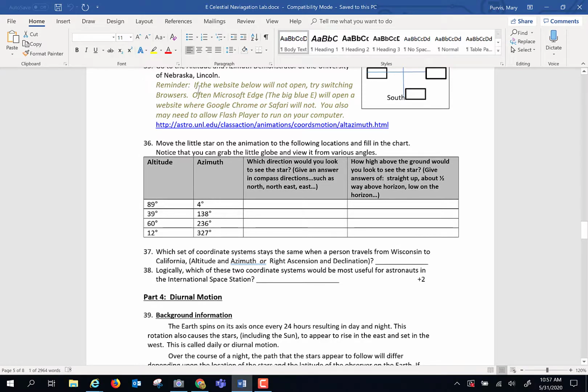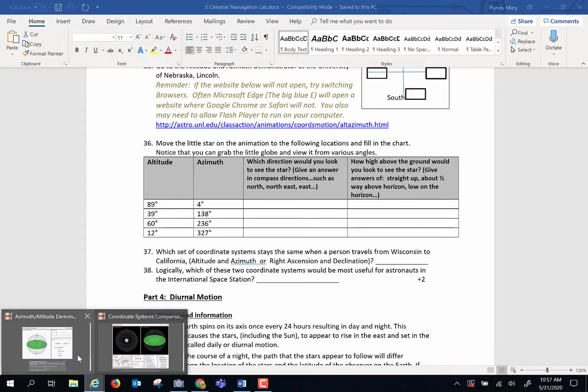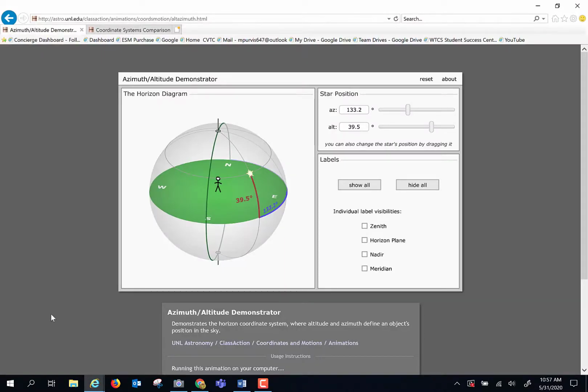I want you to go to the University of Nebraska simulation. This one has to do with the altitude and azimuth demonstrator, and you can put those altitudes and azimuths in there. You can take this little slidey bar and go to different azimuths, and you can put the little star at different altitudes. You can either do it with this, or you can physically, with your mouse, move the star around up here.